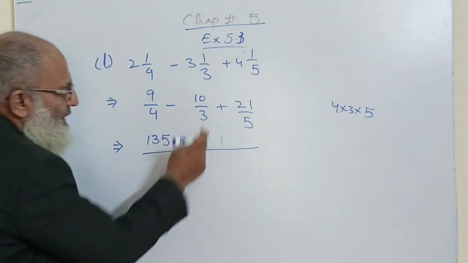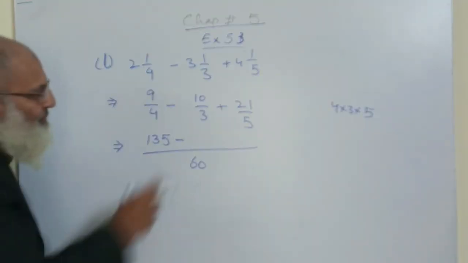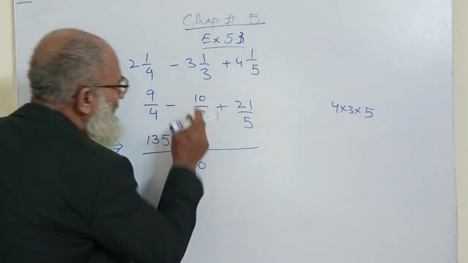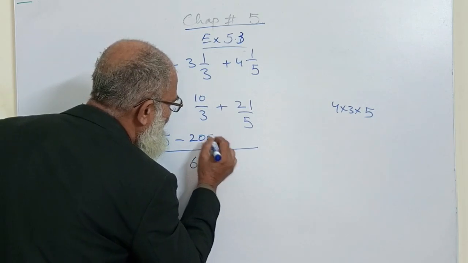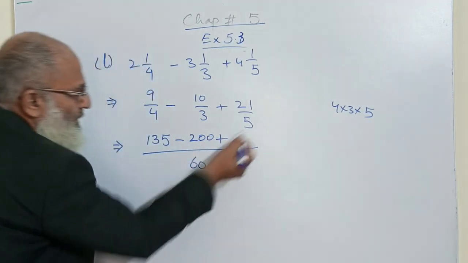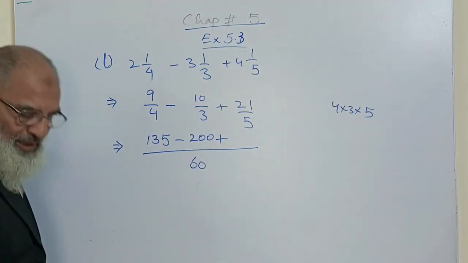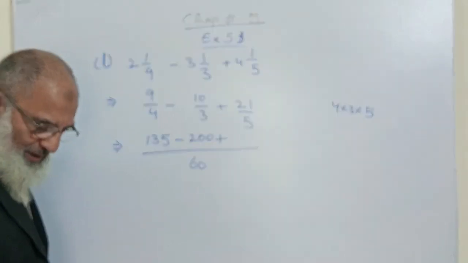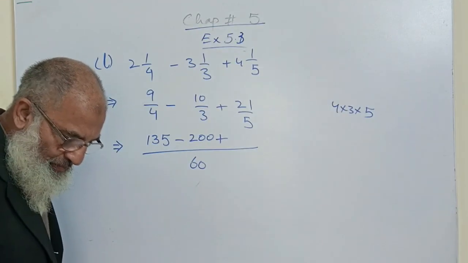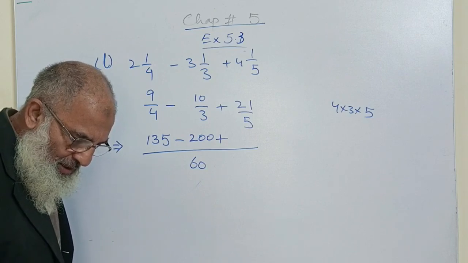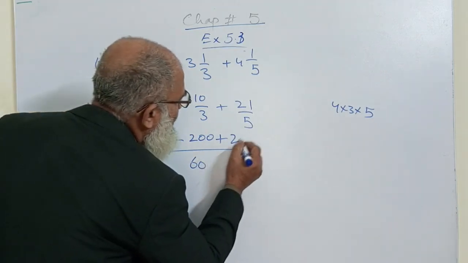Minus 3, 20 times is 60, and 20 times 10 is 200. And similarly, 5, 12 times is 60, and 12 times 21 will be 252.